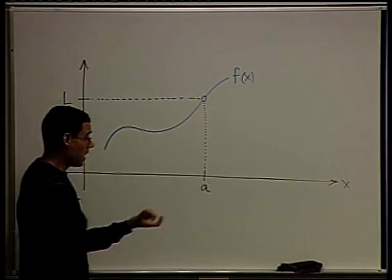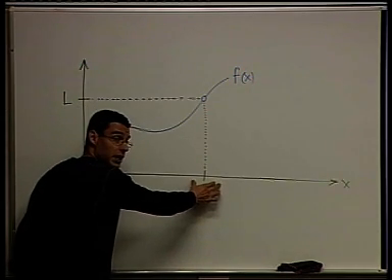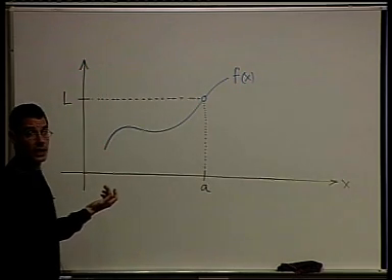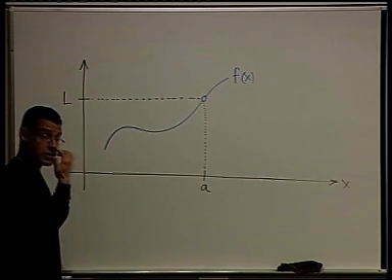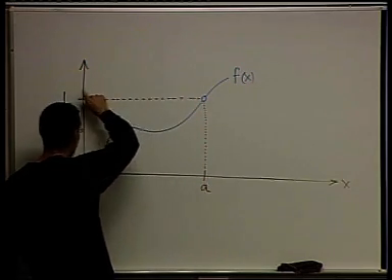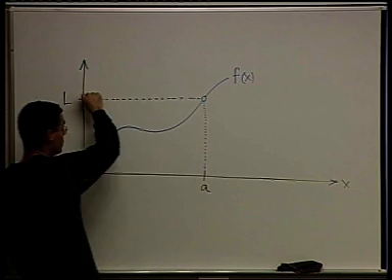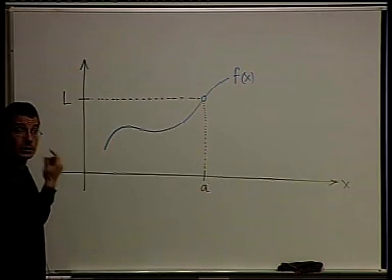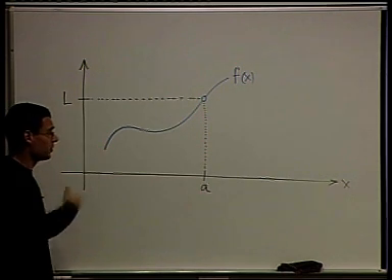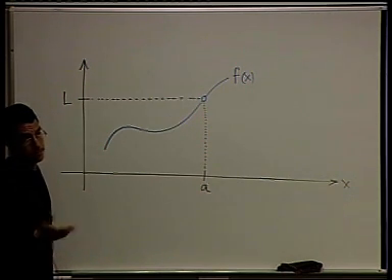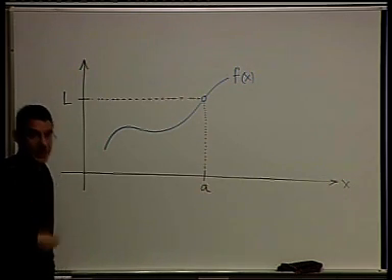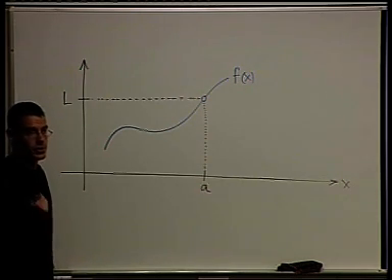If x is in a neighborhood of A, then f of x is in a neighborhood of L. That's saying that for x's close to A, the f of x's are close to L. Sounds good, doesn't it? I would buy it for naively. And it turns out that this naive definition doesn't work.